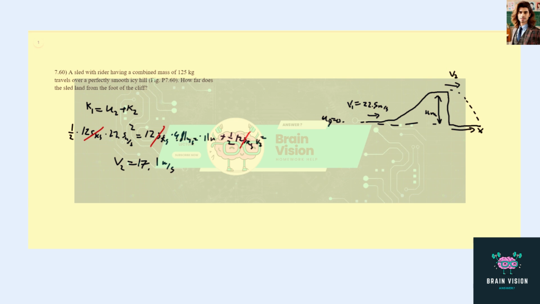So now we know that, we need to find how much time it takes to fall from the top of this cliff to the bottom. And to do that, we start off with our kinematic equation for an object falling.